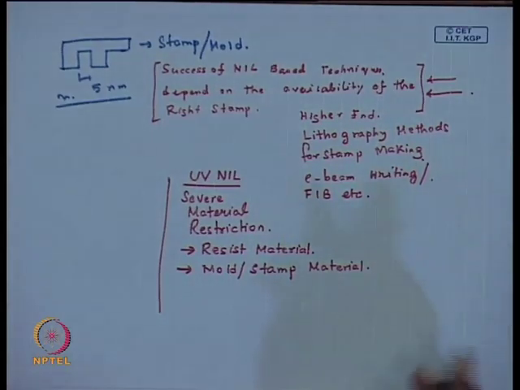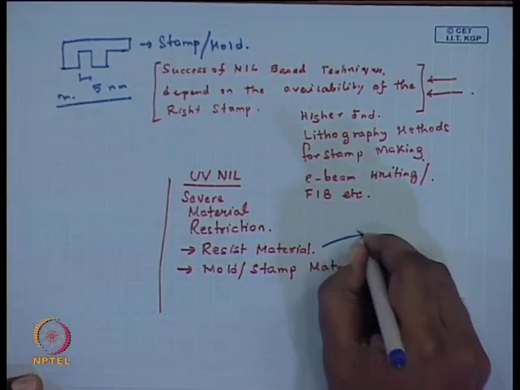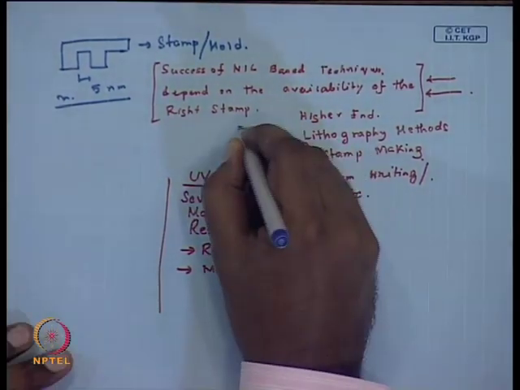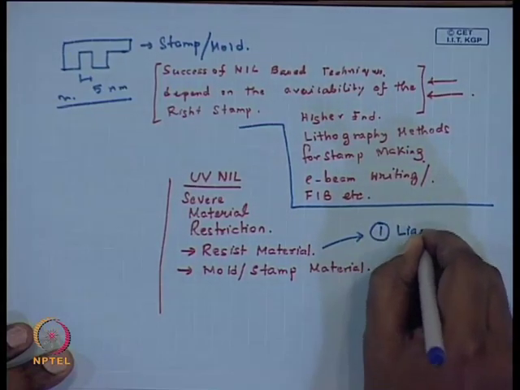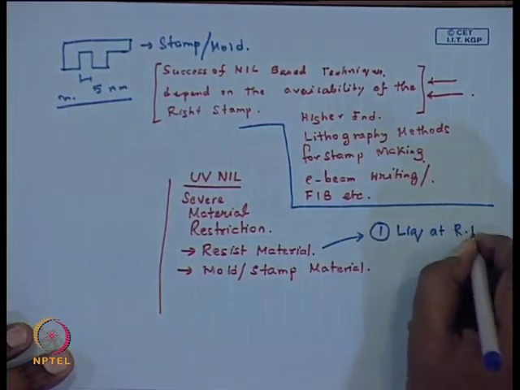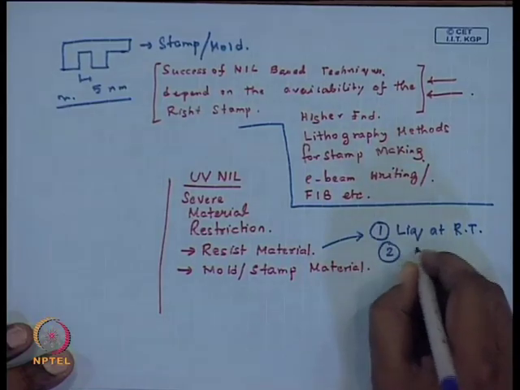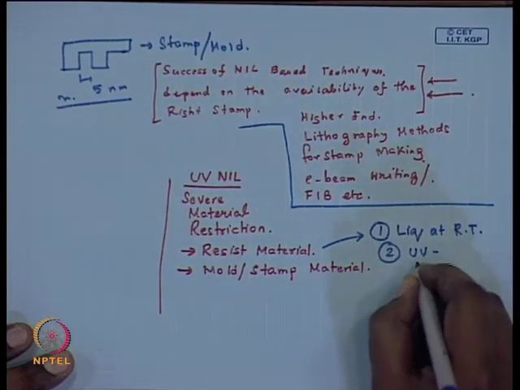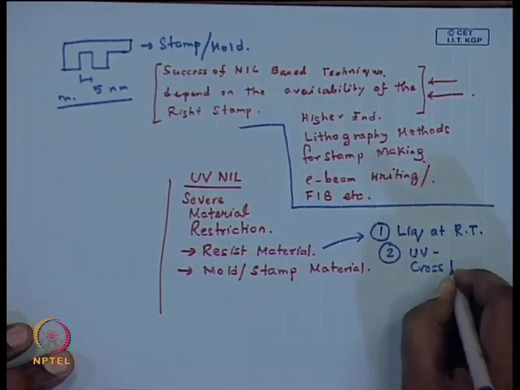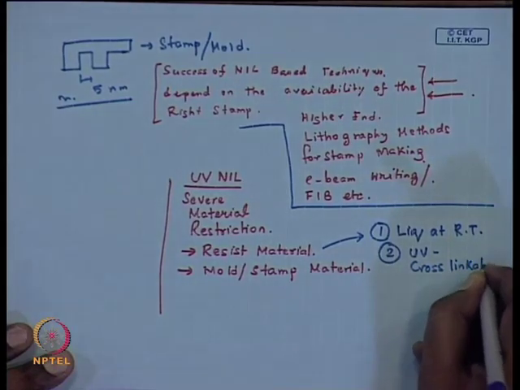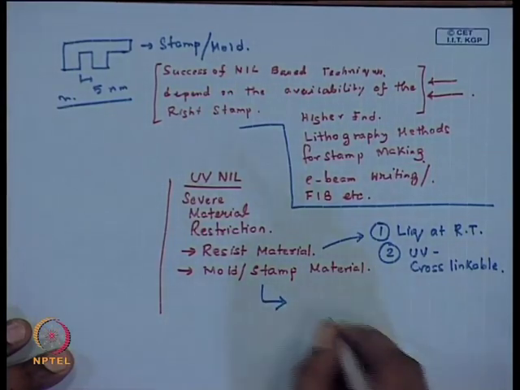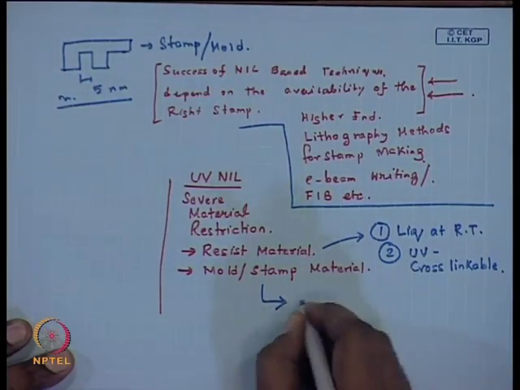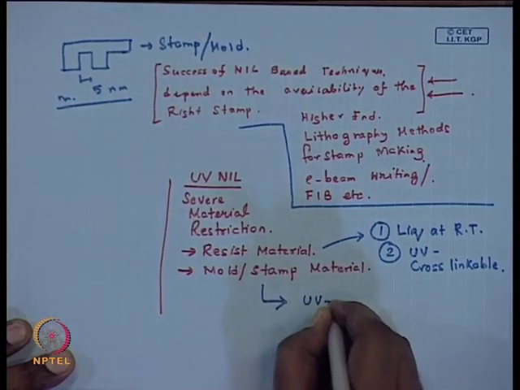The resist or the liquid has to obey two properties. It has to be a liquid at room temperature, and secondly it has to be UV cross linkable. In contrast, the mold or the stamp has to be UV transparent.